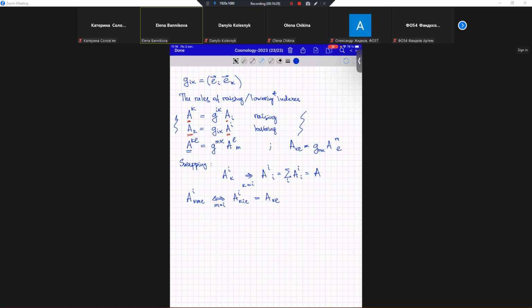For example, consider dx^k. This component is a tensor of the first rank, a vector, and we consider how it transforms from one coordinate system to another.